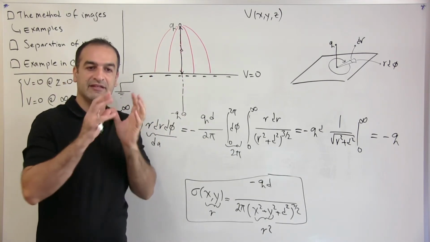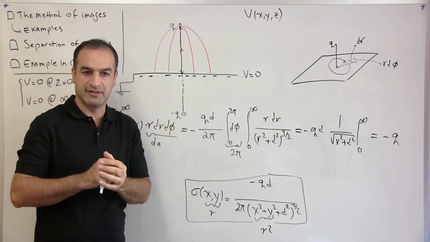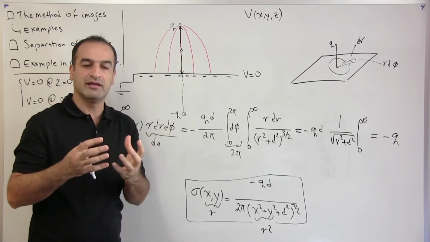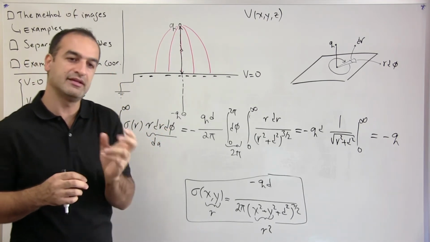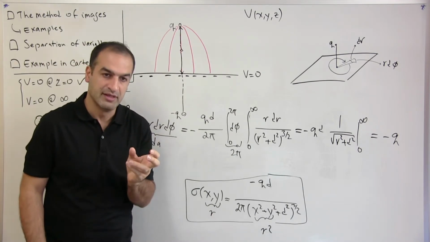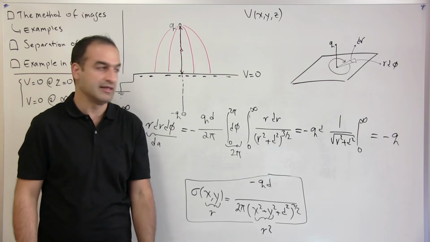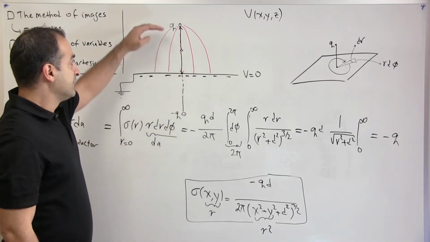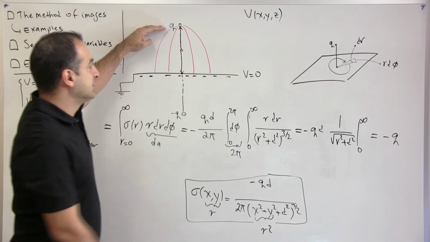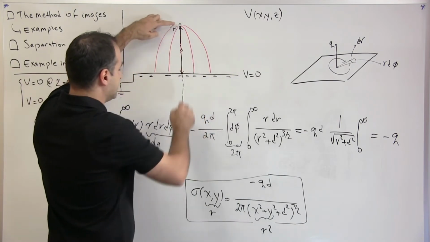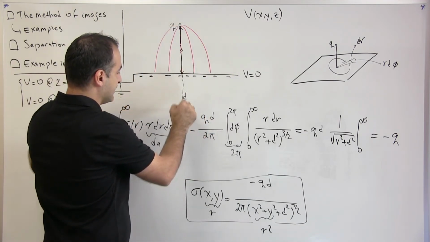And then any force is a function of electric field, right? So as soon as you know the electric field, the force on any charged particle, on any point charge, is just the charge times E. So the force that this charge is experiencing is simply the force that it experiences if we have a charge of negative Q here.